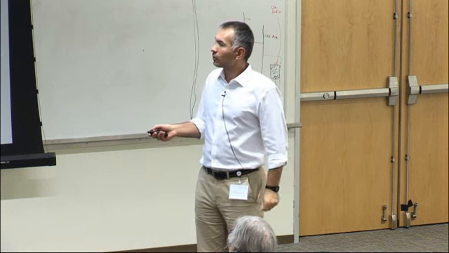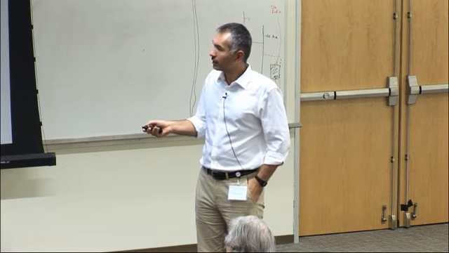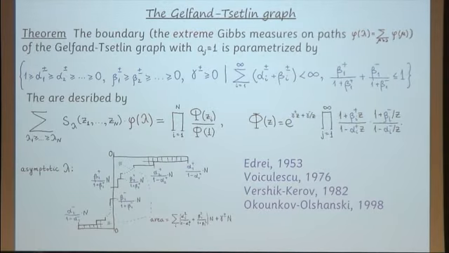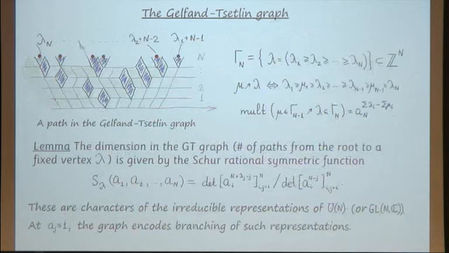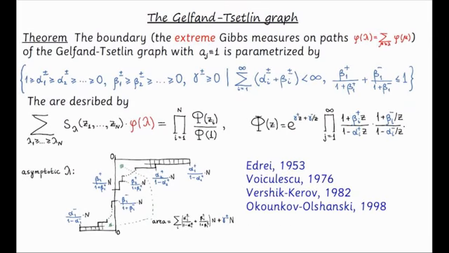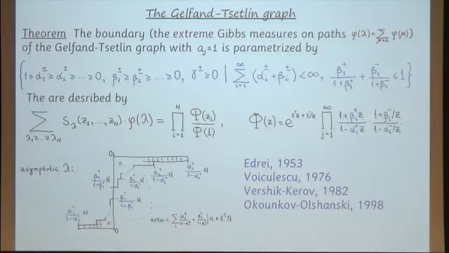Okay? So the description of phi is obtained in the following way for an extreme Gibbs measure. One takes some function and decomposes it into the Schur polynomials that I put here. These Schur polynomials form a Fourier basis for functions in n variables. So if I have any function, I can decompose it.